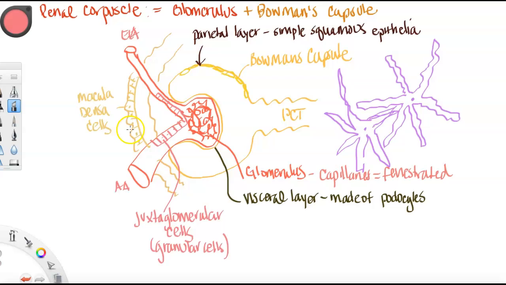The macula densa cells plus the juxtaglomerular cells create something called the juxtaglomerular apparatus.